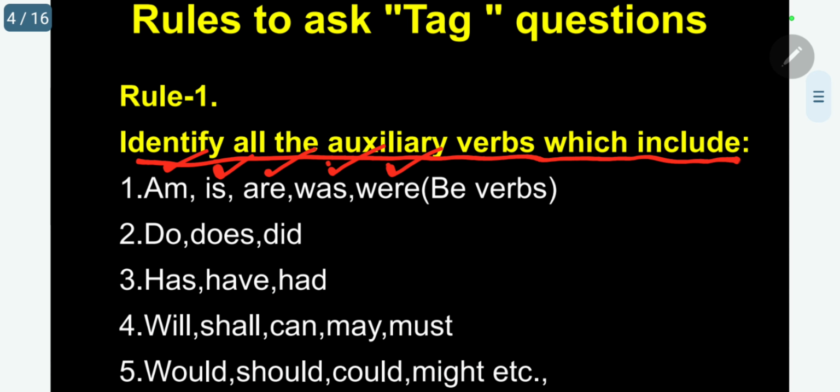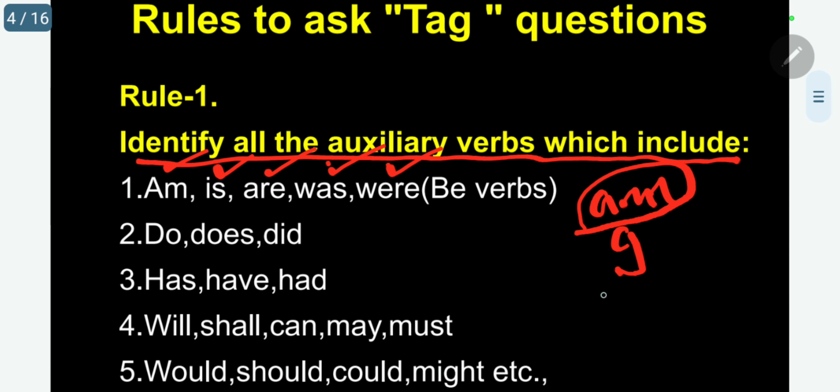Here I have to indicate one anomaly. Am is used only when we are using I, the personal pronoun singular I. In no other place will am come. In a simple sentence, am, and in present continuous, again am: I am going, I am running. So am will be used.